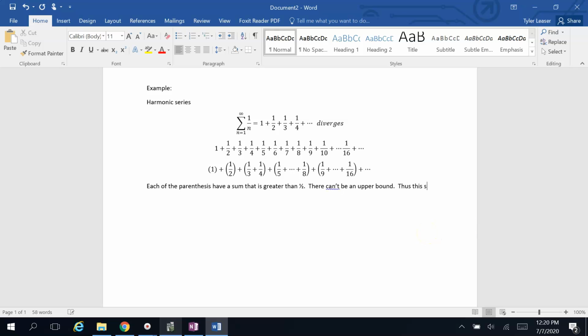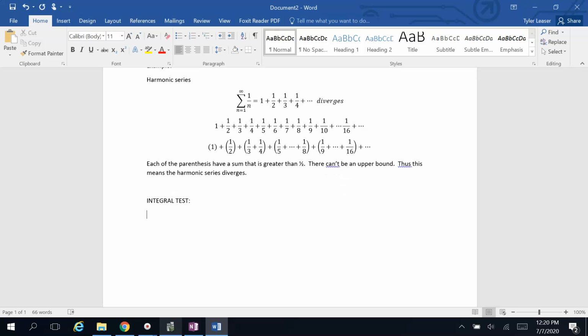Thus, this means the harmonic series diverges. It diverges because the sequence of partial sums does not have an upper bound to it, and it's monotonic. Okay, so that's just one way of seeing it, not the way that I would expect you guys to do it. Instead, we're going to use something called the integral test.